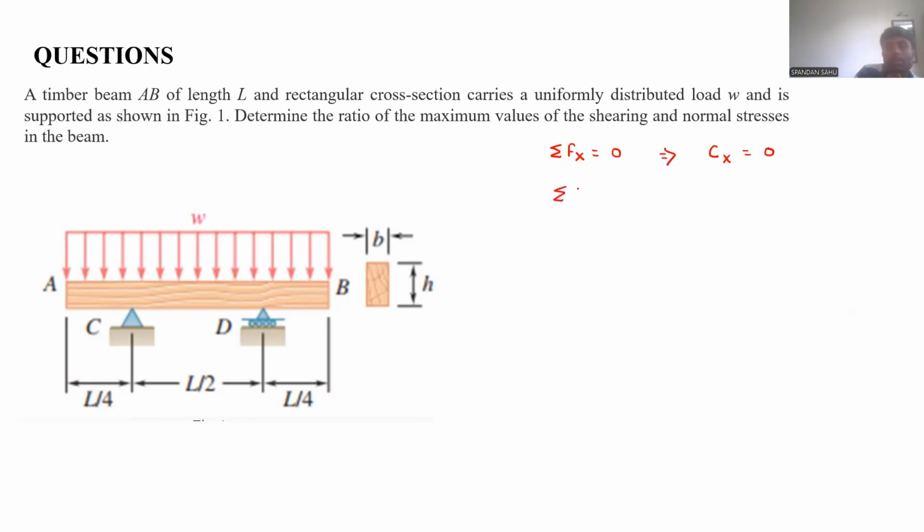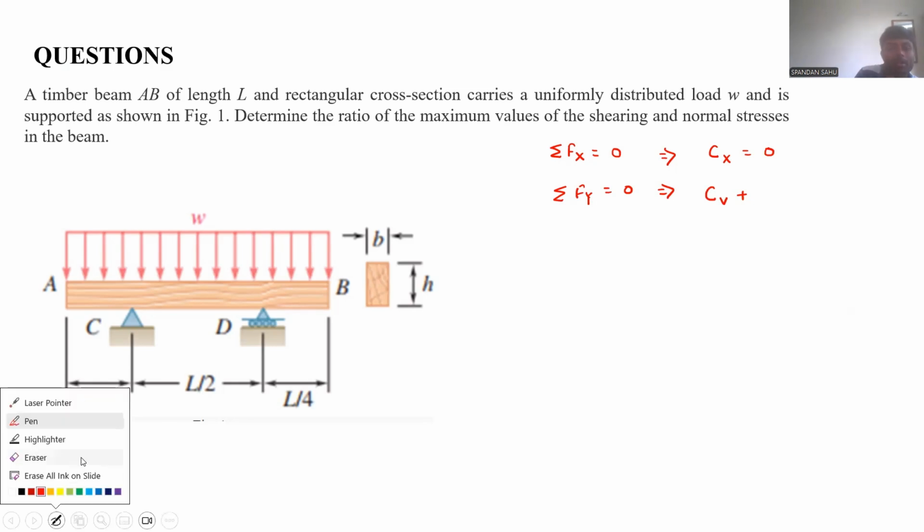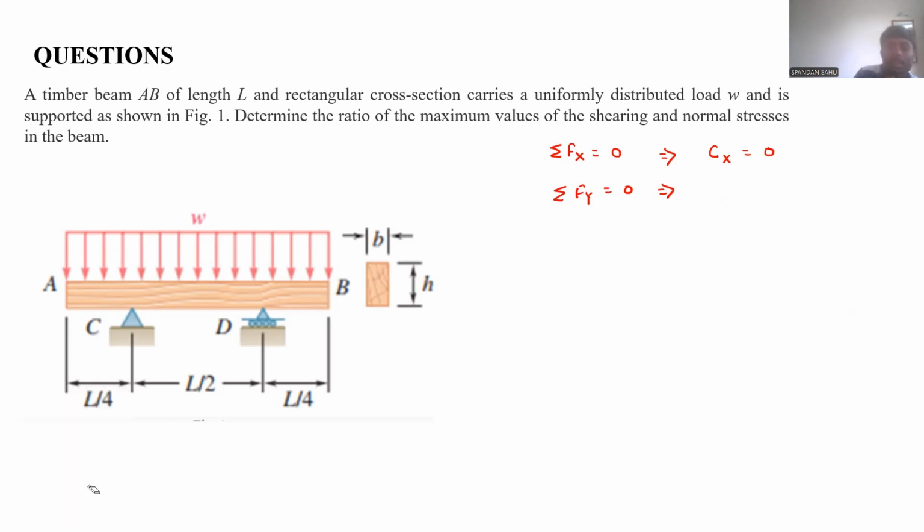So, summation of Fy equal to 0. From here, you will get Cy plus Dy equal to 0, where Cy is the vertical reaction at joint C and Dy represents the vertical reaction at joint D. So, let us write that equation.